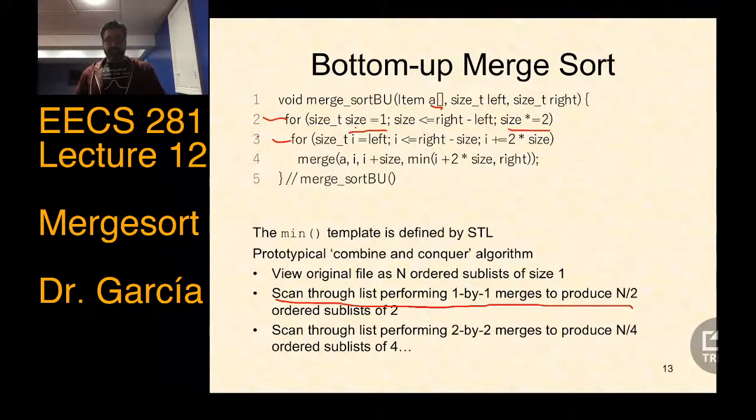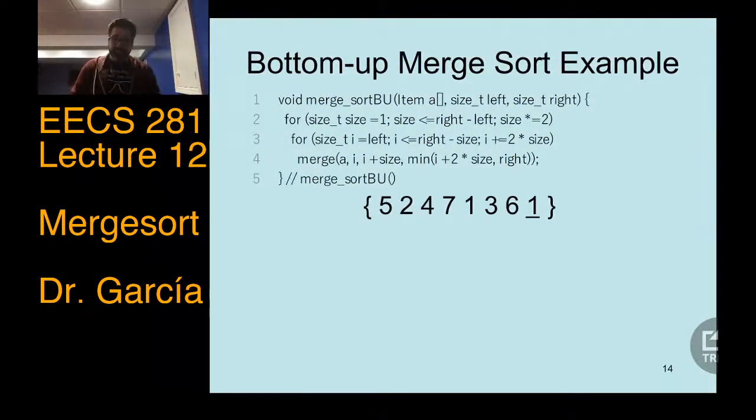So again, this is harder to explain, so let's just look at an example. I think this is the same example array that we had as input earlier, except now we're looking at the bottom-up or iterative merge sort.